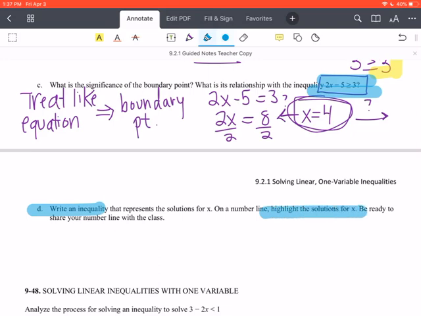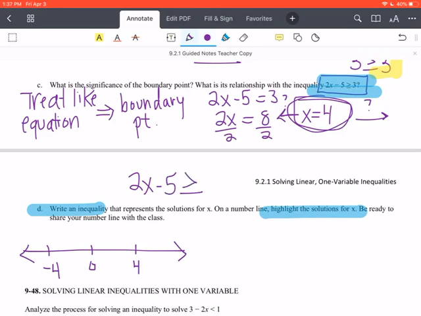So if I work on the number line first, put my 0 in, my 4 is the most important, and usually I just mirror image that. So 4 is the boundary point, and if we look at the original inequality of 2x minus 5 is greater than or equal to 3, the greater than or equal tells me that I'm going to shade in the boundary point because it's or equal.